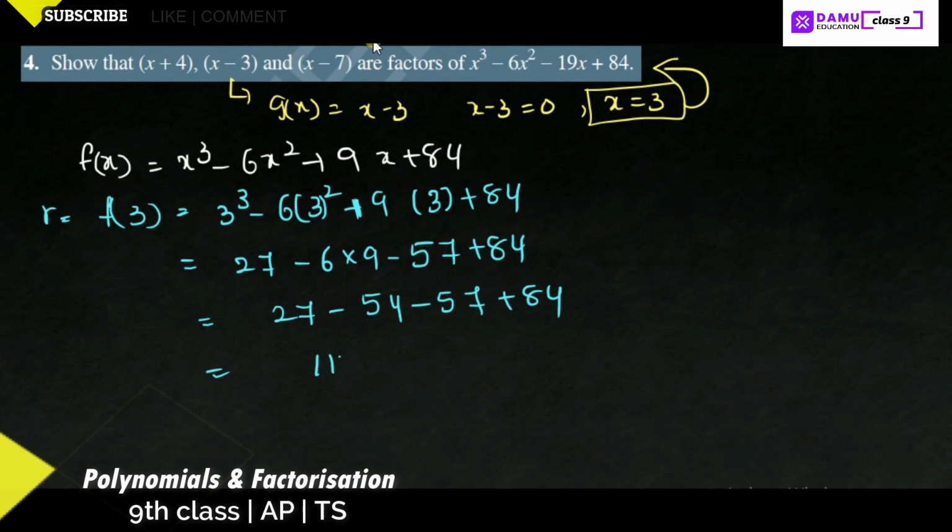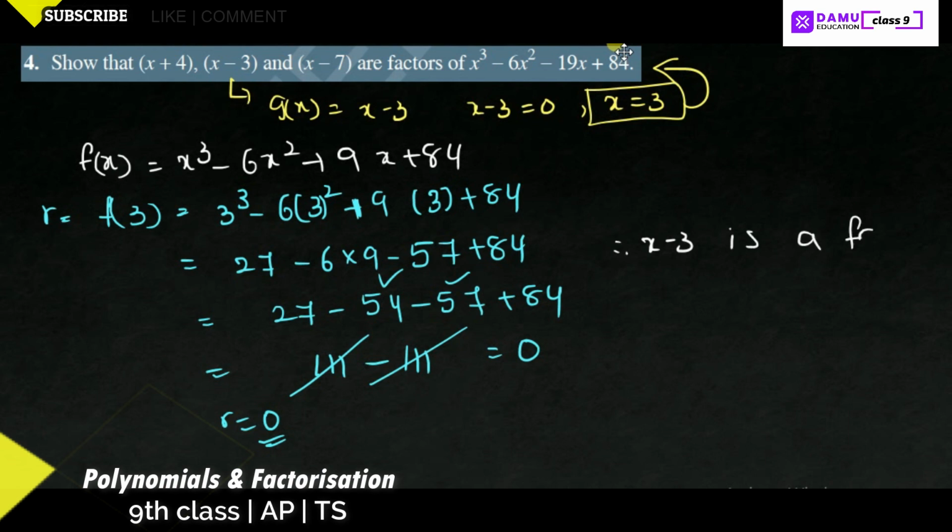Then minus 54 minus 57, we need to add since the symbol is the same, so 54 plus 57 is 111. So plus 111 minus 111, the remainder is 0. Remainder 0 means that x minus 3 is a factor of f of x, that is, the given expression.